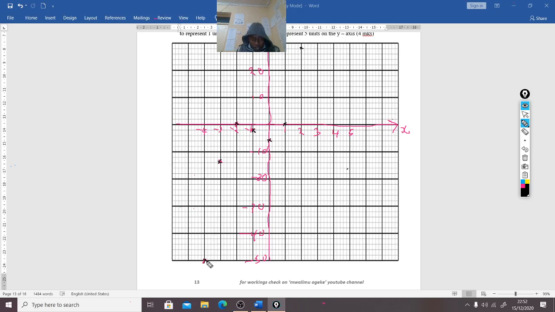Now this curve will make a turning here, make another turning, and move upwards. So it shall have 2 turning points. So you draw a smooth curve, make a turning, make another turning.